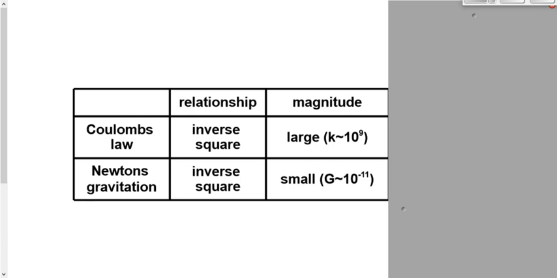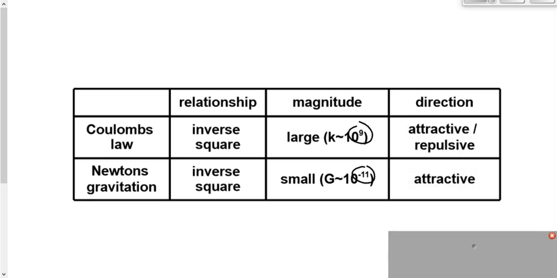But if you think you might forget that or get them mixed up, just look at the constants. That's a reminder for you, right? The constant for gravity is 10 to the minus 11. The constant for electricity is 10 to the positive 9. So by looking at the constants on your data sheet, that's a reminder that electricity is a stronger force. Bigger constant, bigger force. And what about the direction?